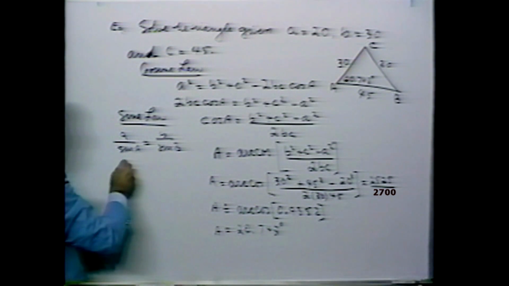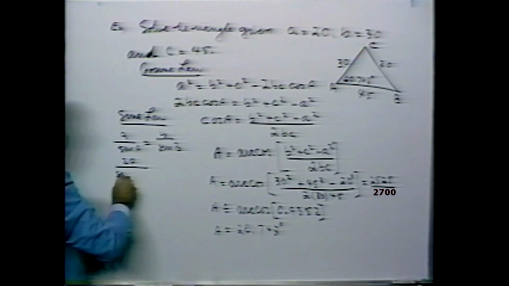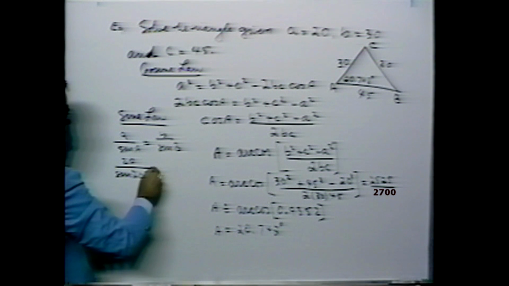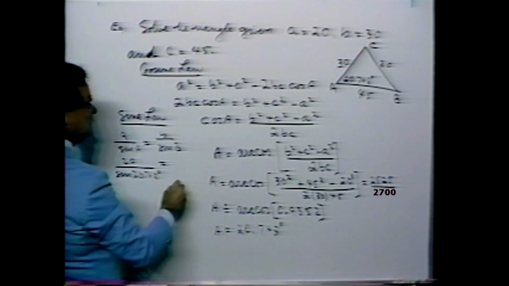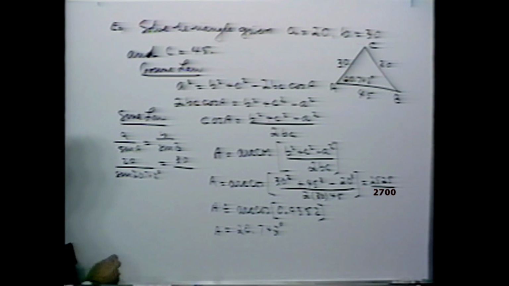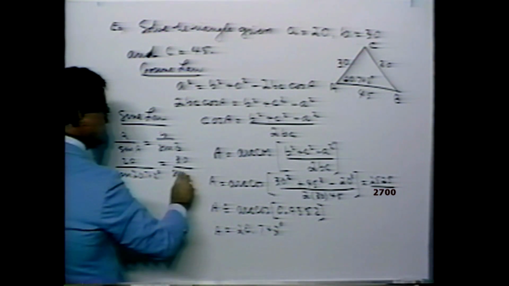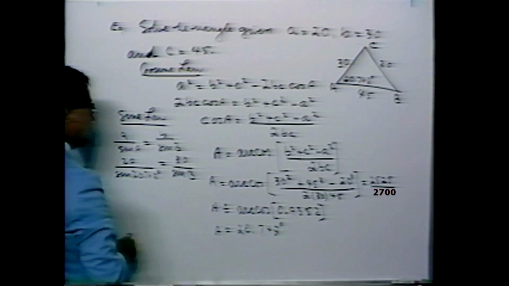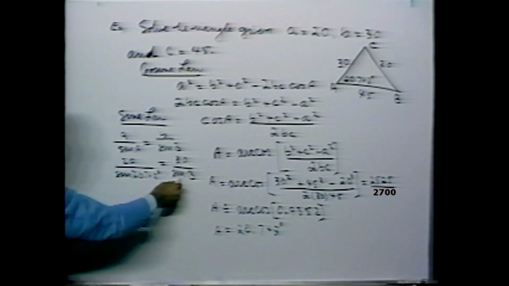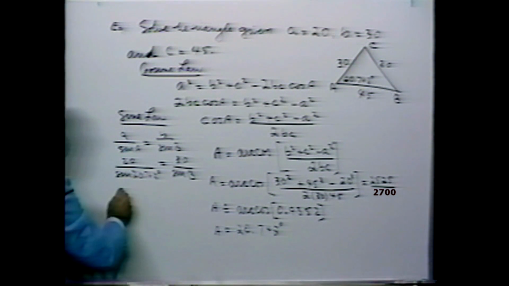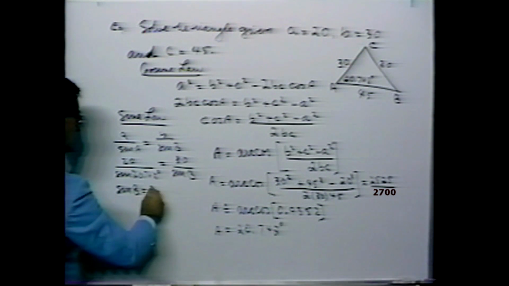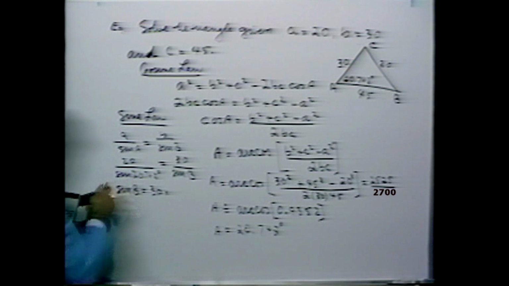A is 20. The sine of the angle is equal to b, which is 30, over sine B, which is not given, and so which is the angle I am going to now solve for. So there are your three components known, and in terms of proportions, that's the fourth proportional which we will have to solve for. Sine B turns out to be equal to 30 times the sine of this quantity.